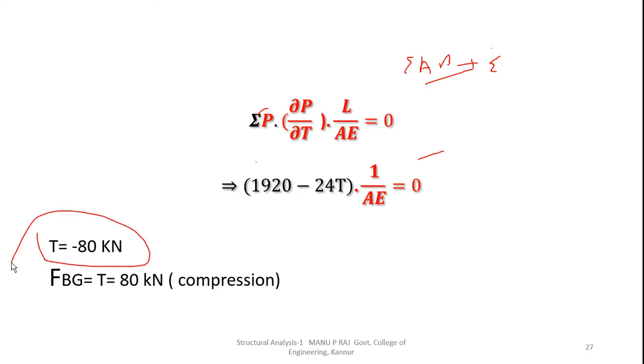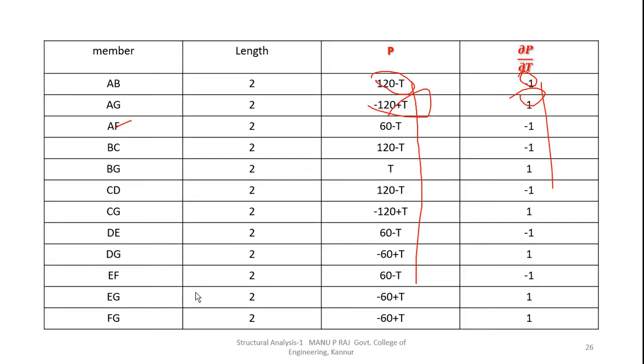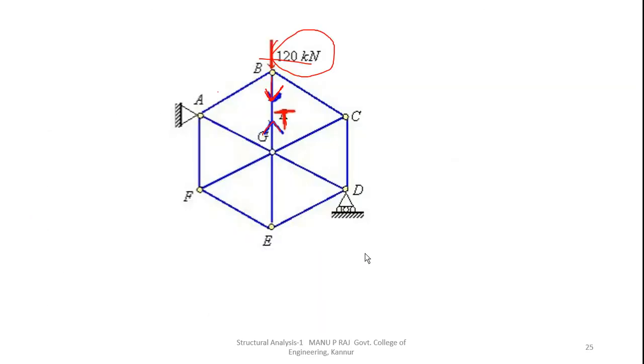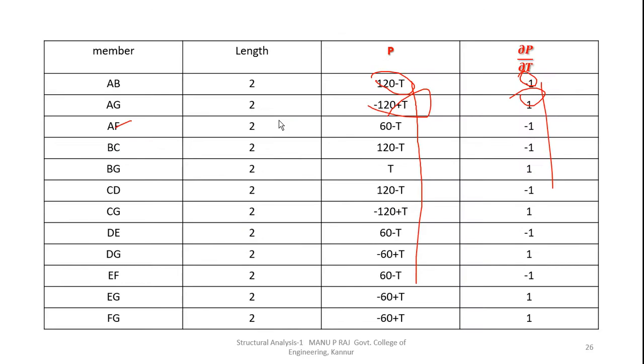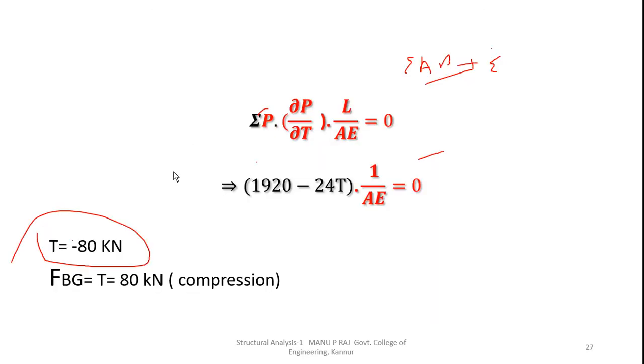That means the magnitude of force in member BG is 80 kN, and the negative sign shows that this force is compression. Our initial assumption was that this force is a tensile force T. Now we got a negative value, so T equals 80 kN compression.